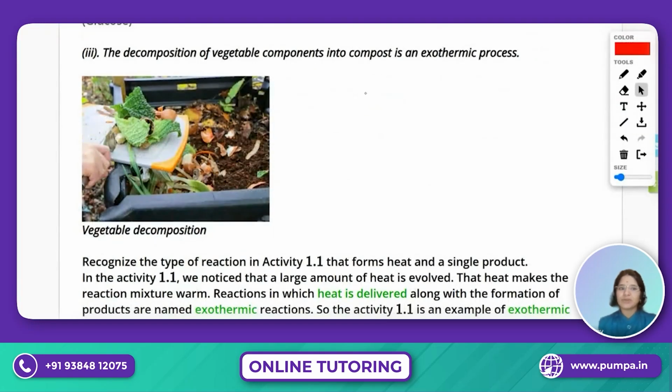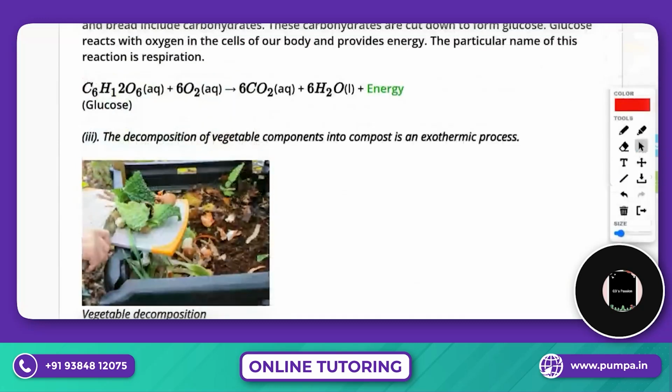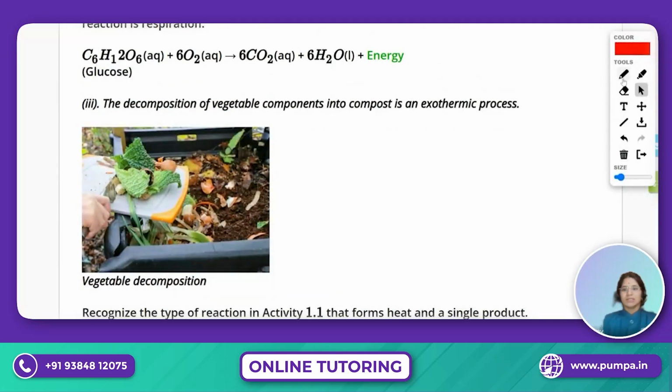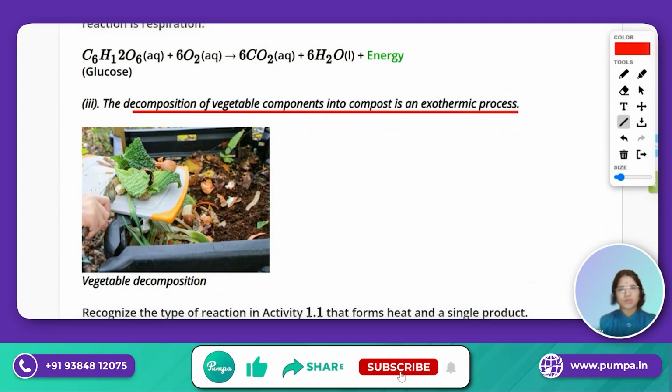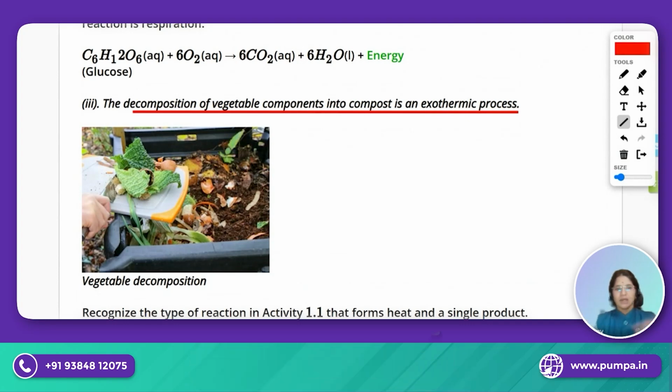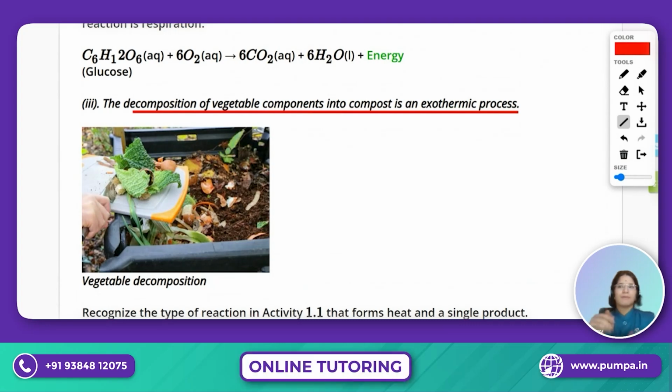Also decomposition of vegetables. Vegetables are decomposed. Okay, so decomposition of vegetables is also called an exothermic process. Just imagine, if you have tried it, you will know: you prepare a compost pit, put vegetables in to compost, and close it tightly. Once you dig it up again, some heat gas is being released.